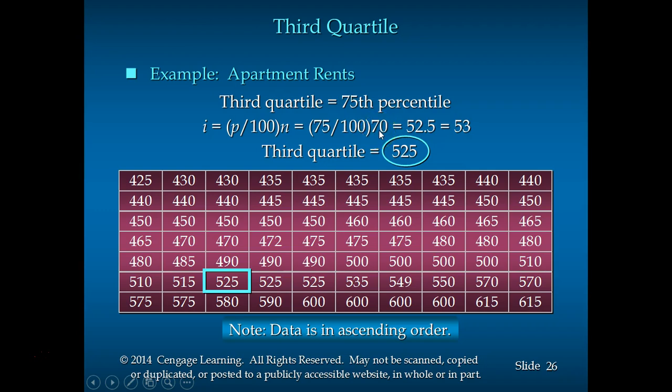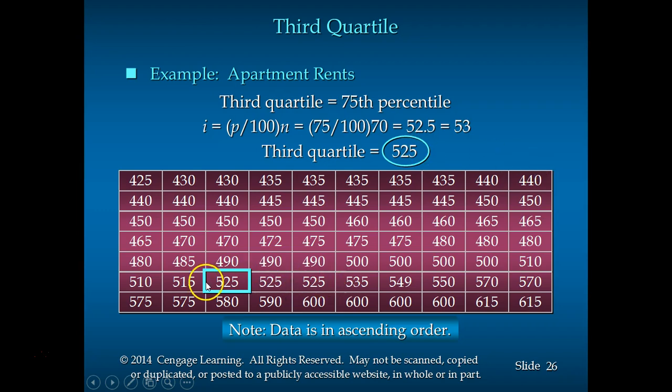Well, 3 times 70 is 210. 210 divided by 4 is 52.5. Because it's not an integer, I round up this time to 53. So I count the positions until 53. And so the number is 525, and then the third quartile is 525.